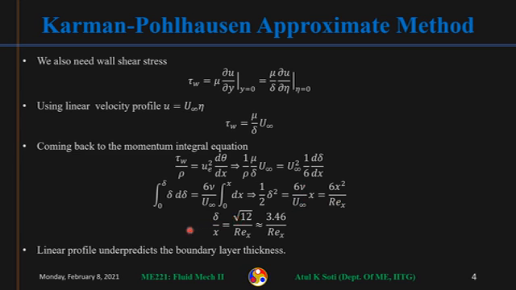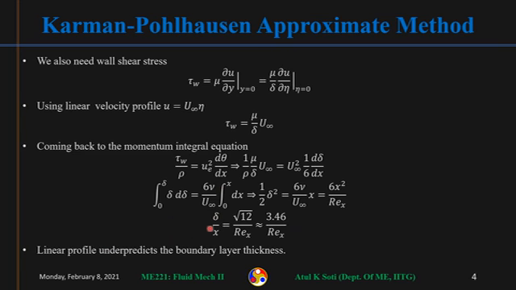So finally we have an approximation for boundary layer thickness. Delta by x equal to 3.46 upon root Rex, and the actual work is 4.9 upon root Rex in the Blasius solution. So you see that the linear velocity profile is under-predicting boundary layer thickness.